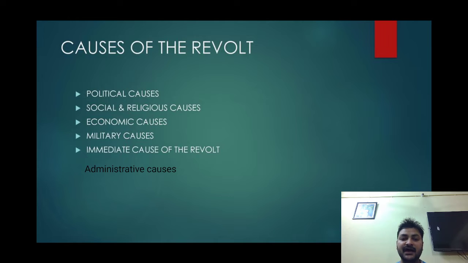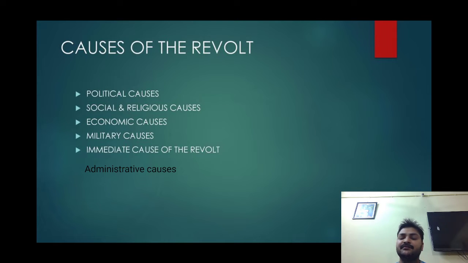Control over finance gives you enormous power. Similarly, there were certain economic causes. Britishers came and they destroyed the traditional fabric of the Indian economy. When this traditional fabric was destroyed, the entire backbone of the Indian economy was destroyed.